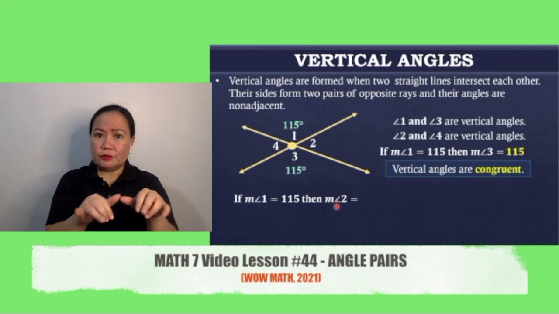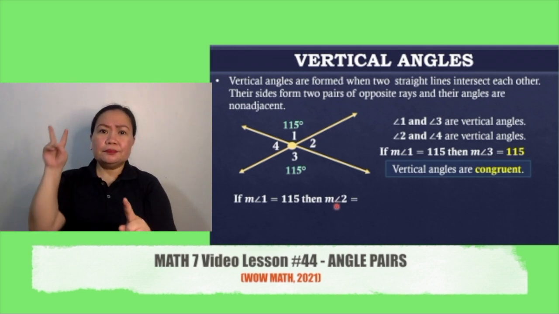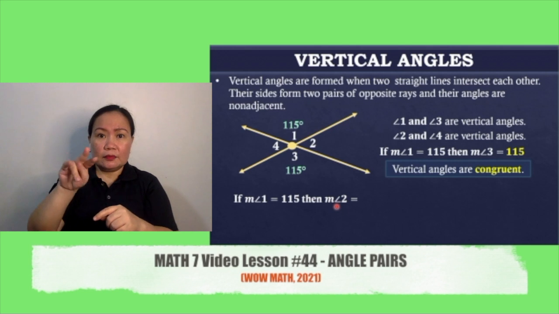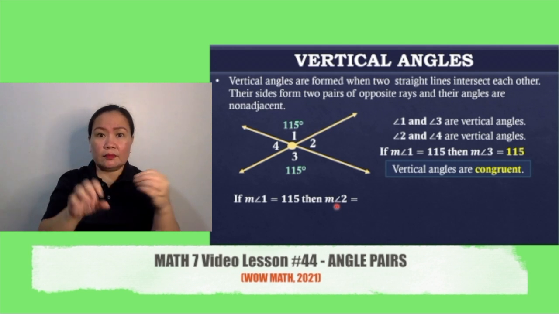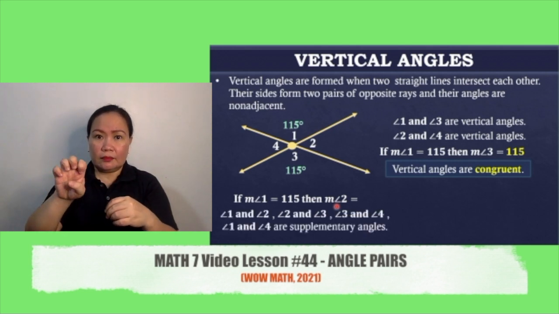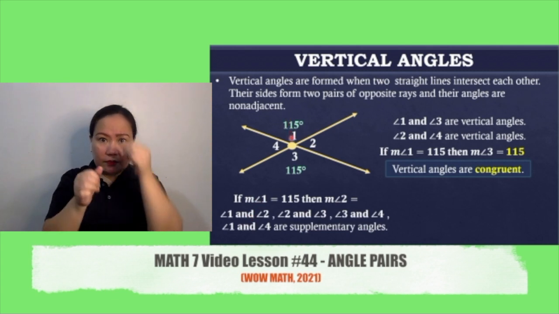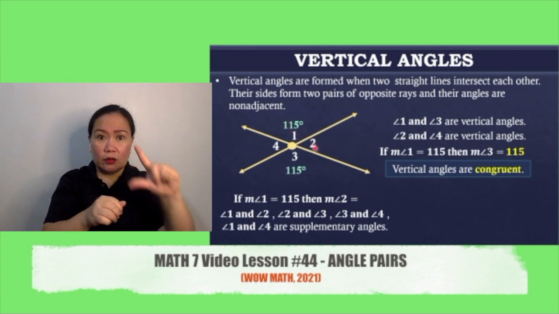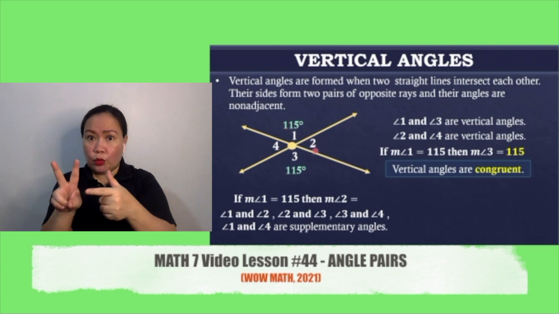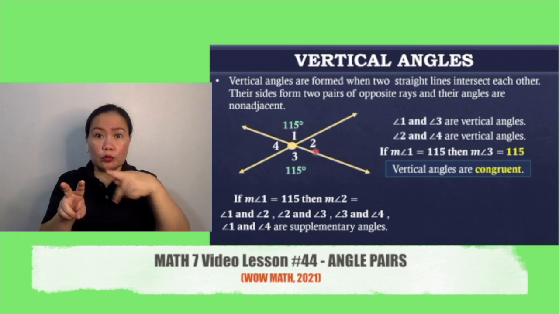Okay, pwede mo i-apply yung concept ng linear pair and supplementary angles. Okay. So, kung matatandaan ninyo, si angle 1 at si angle 2 ay supplementary angles. Or, ano sila? Linear pair. So, kung linear pair sila, nasa isang line sila.